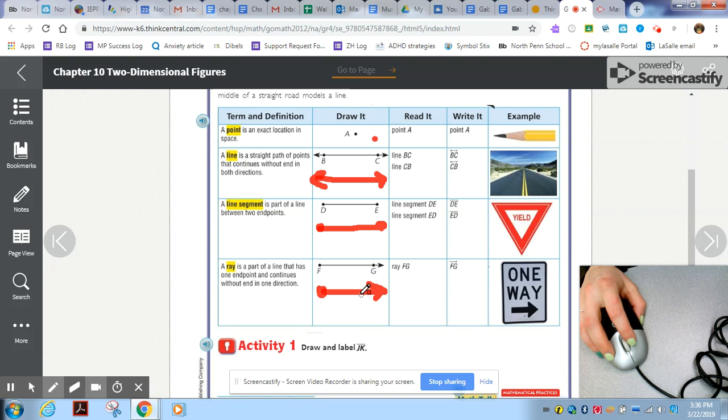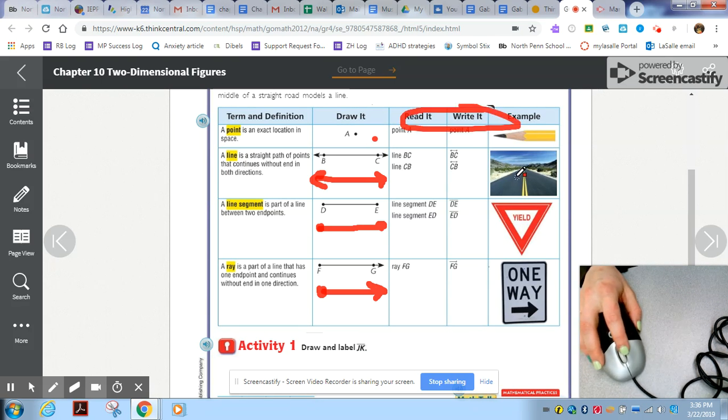I just want you to practice drawing them. We will go over more of the symbols tomorrow, because really the read it and the write it part are going to be the most important for you to understand as we do this lesson. So pause, go ahead and draw your things. All right, so hopefully you are done drawing. And we're going to stop the video right here before we go forth with our lesson any further.